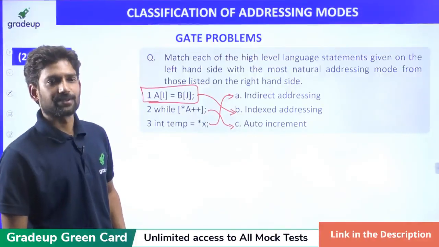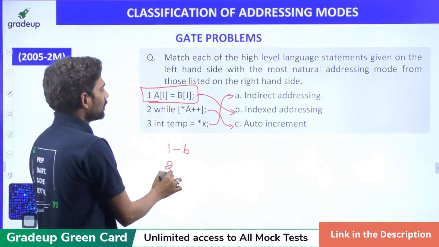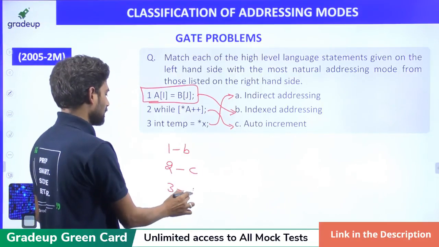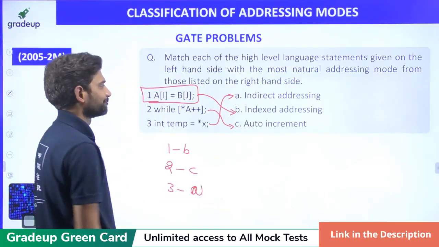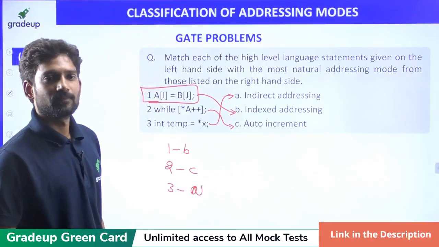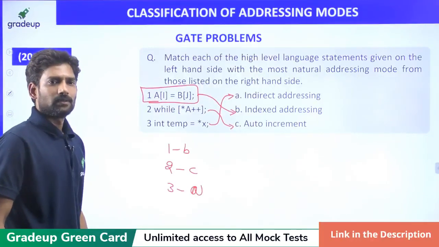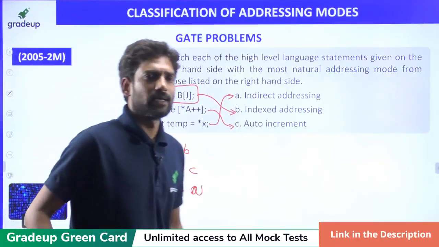So indirect addressing, isn't it? So you can say 1B, 2C, 3A. Exactly. Yes, Shweta is giving the correct answer.